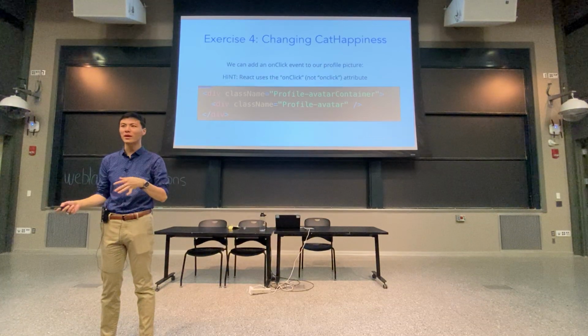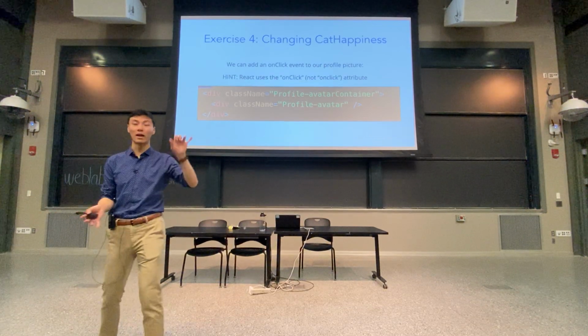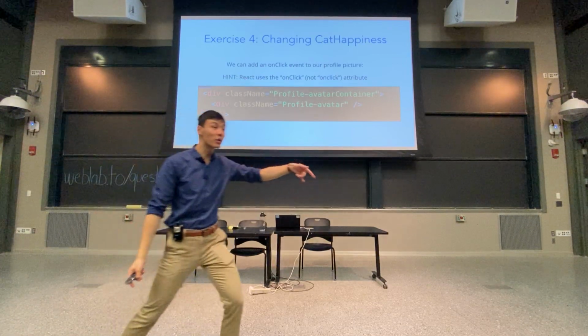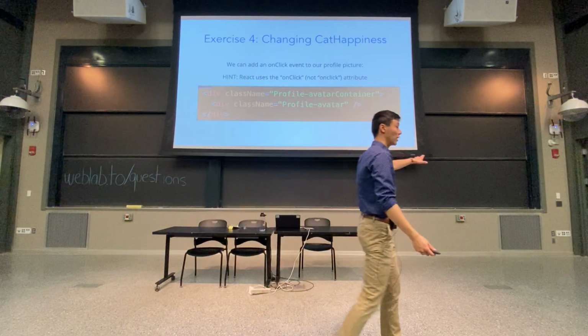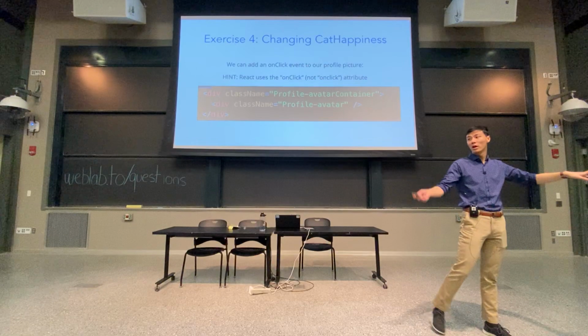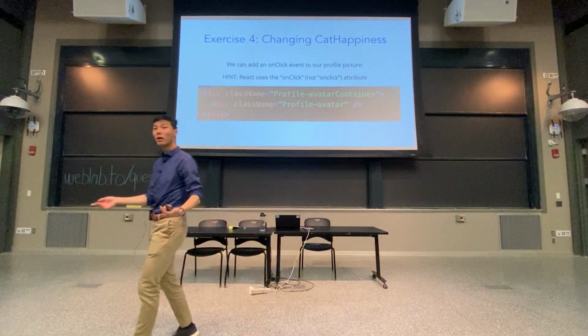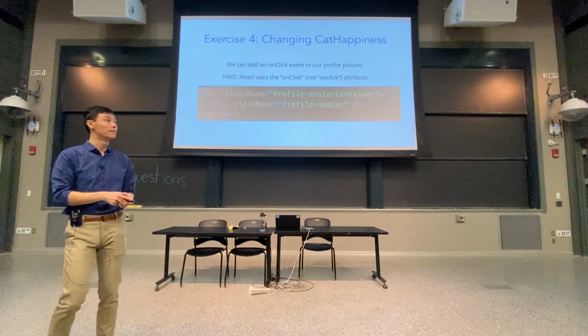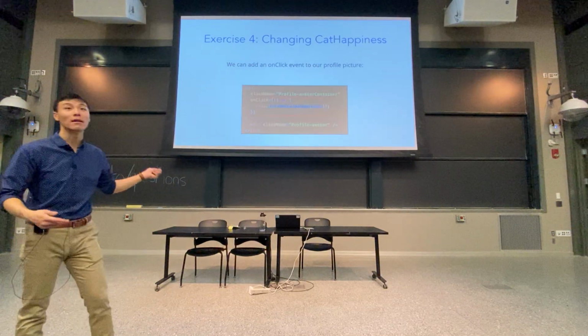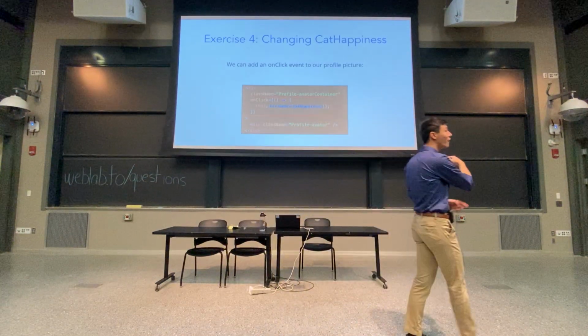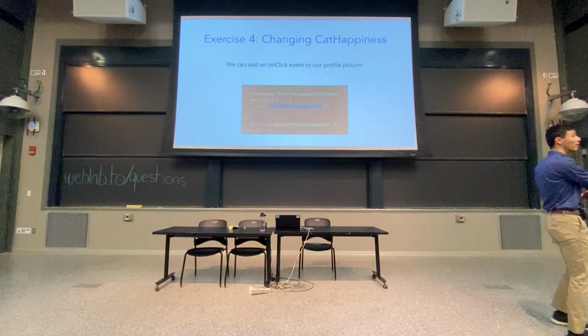We've given them props. You can do the same thing with on-click. A couple hours ago, Matt told us how we do on-click events in HTML. In React, it's really similar.